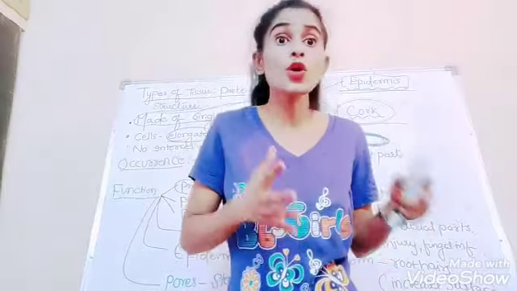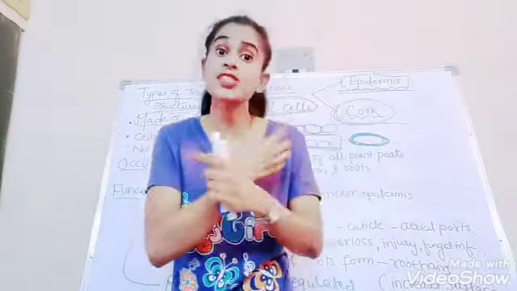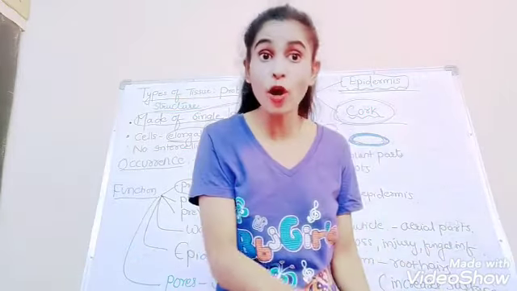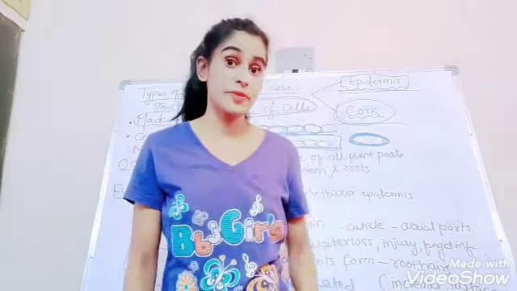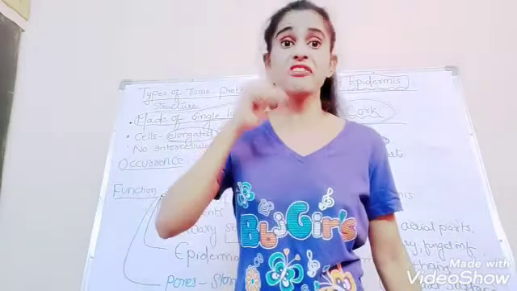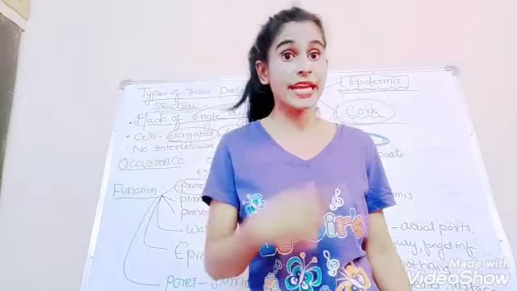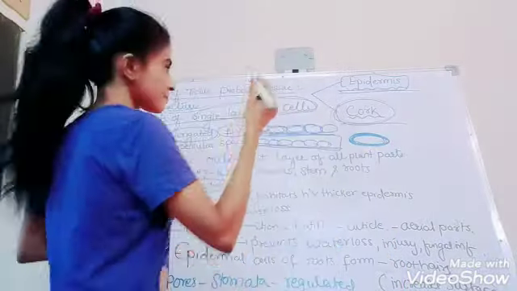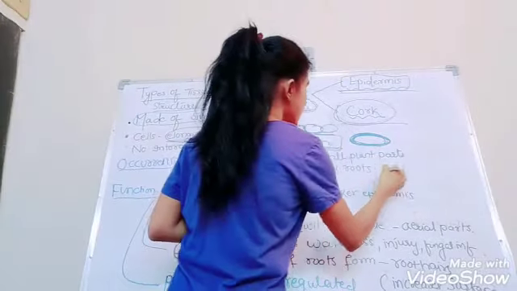And the plants don't want to lose their water in such cases. Then what will it do? Then comes the hero of the plant, that is epidermis. Yes, the epidermis forms a very thick layer around the leaves to prevent the water loss. How? See here. Suppose this is a leaf.